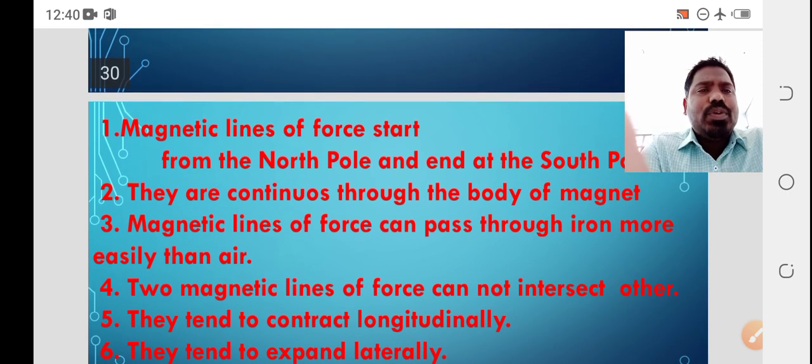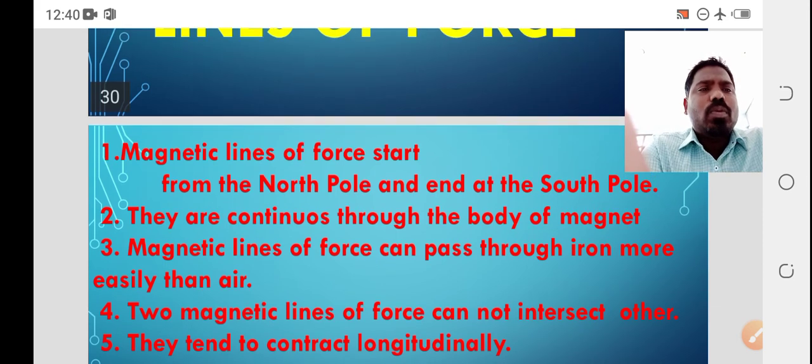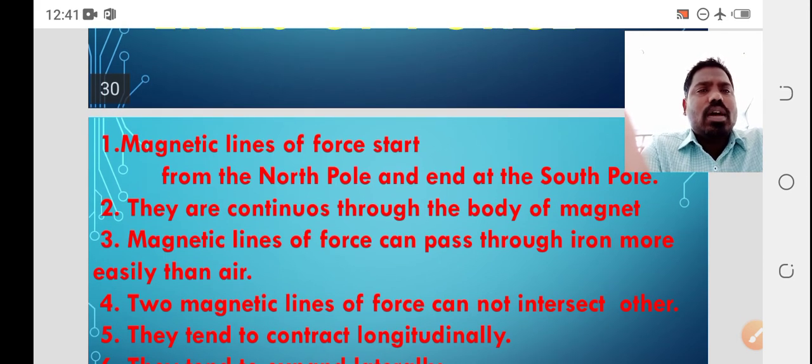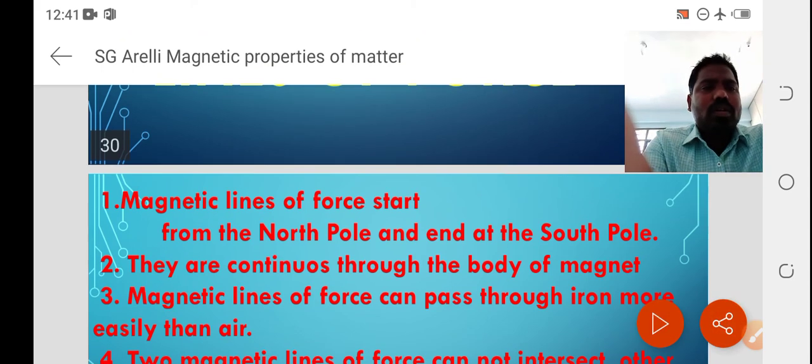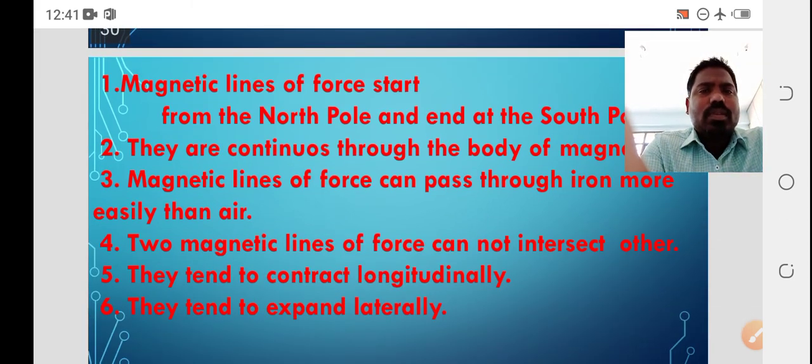They are continuous through the body of the magnet, so they always move continuously through the body of the magnet.